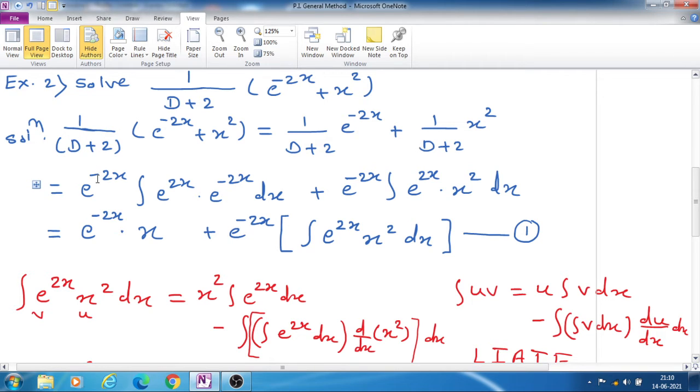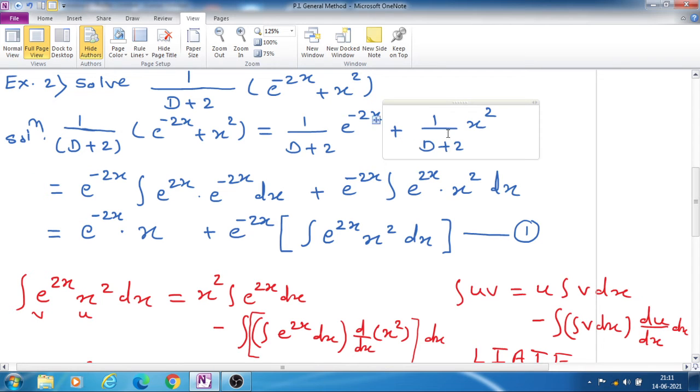If outside is minus ax, then inside the integral there is plus ax; if outside is plus, then inside the integral there is minus. So remember this. Here D plus 2 means 1 upon D plus a into capital X, therefore e raised to minus ax with a equal to 2, so e raised to minus 2x into integral e raised to 2x into capital X. Here capital X is e raised to minus 2x, therefore e raised to minus 2x dx.